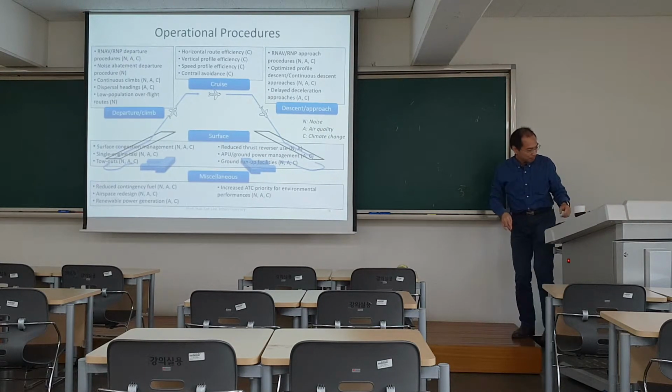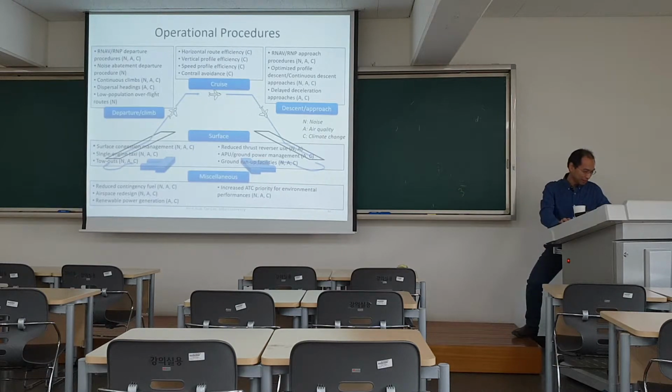Even I don't know in detail every single item of this, but there are many procedures that can help with the environmental issue on the climb phase, cruise phase, descent phase, and also on the surface and something else.